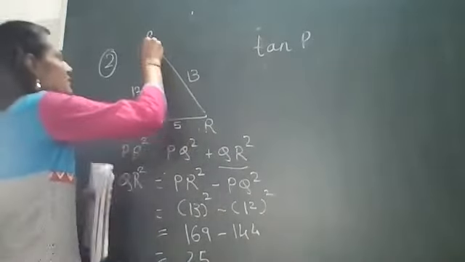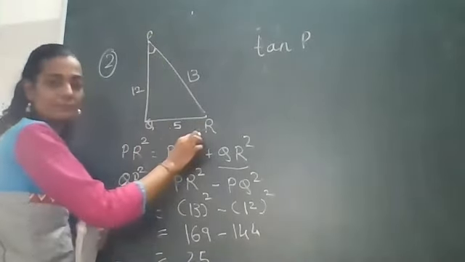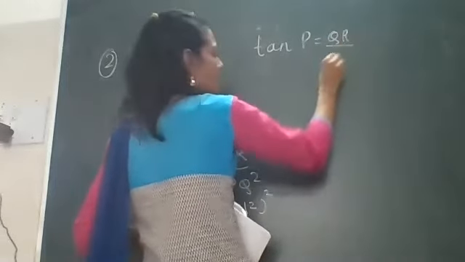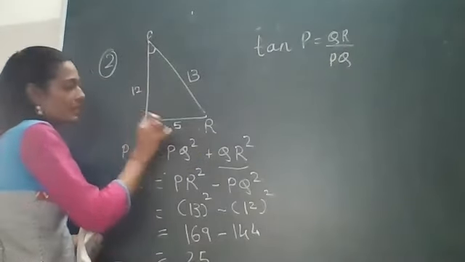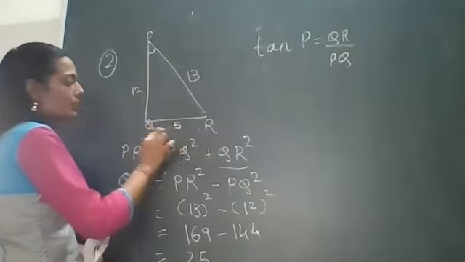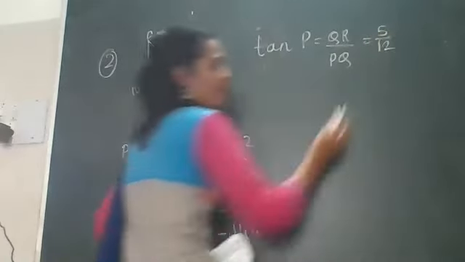For angle P, the opposite side is QR, so tan P is equal to QR upon PQ, which is 5 upon 12.